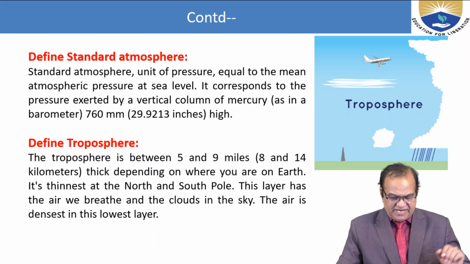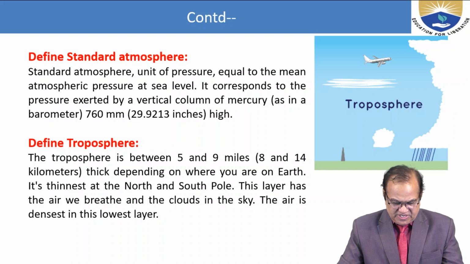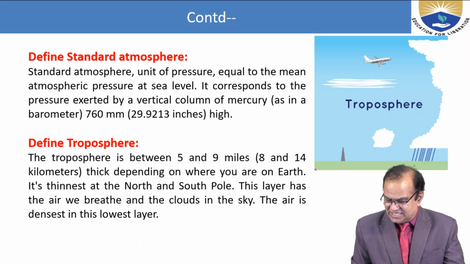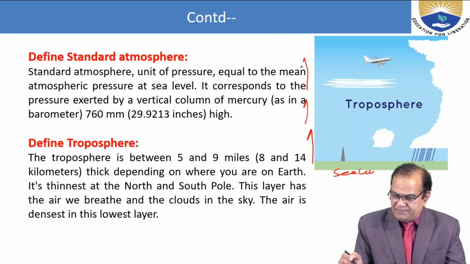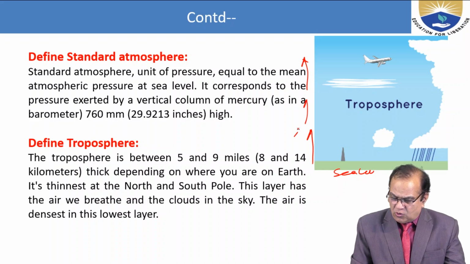The air is densest in this lower layer. If you see, this is the sea level. As you go up and up, your density rho is high here and low here. Here you have the air to breathe.